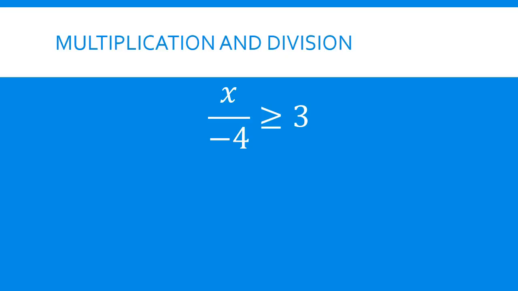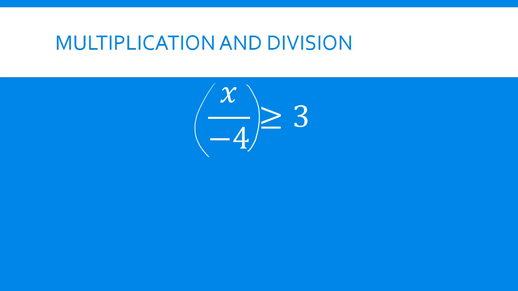So now here we have a special case where we need to multiply both sides by a negative number. Since this is an inequality, when we do this, we need to go ahead and reverse the sign of our inequality. So let's see how this works.